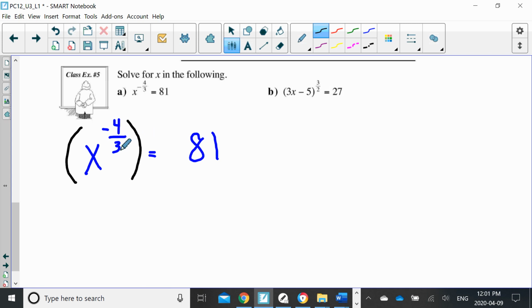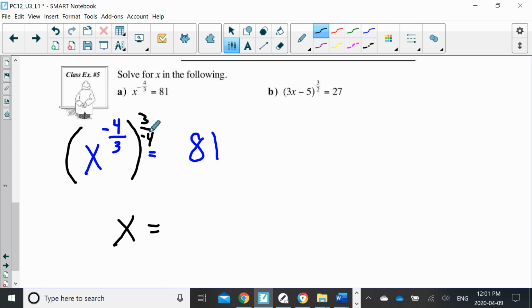The reciprocal of negative 4/3 is 3 over negative 4. If I multiply these two, because power to a power, I'd have negative 12 over negative 12, which is x to the 1, right? That's what we want. I just want what x is equal to.